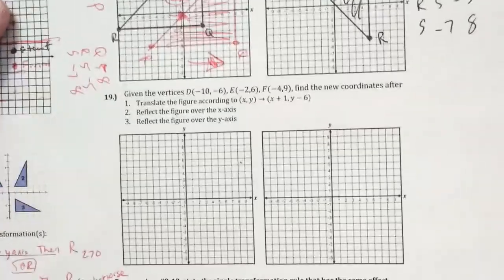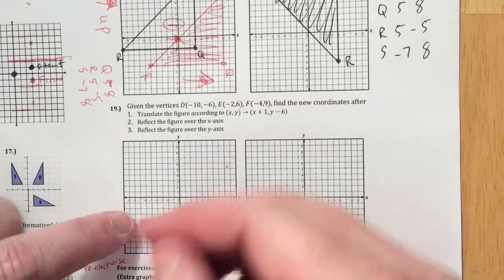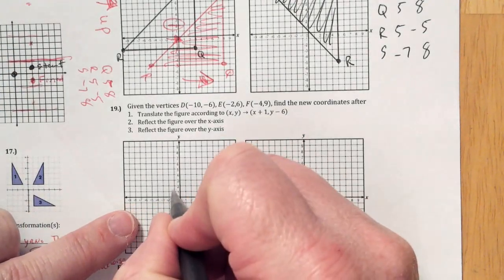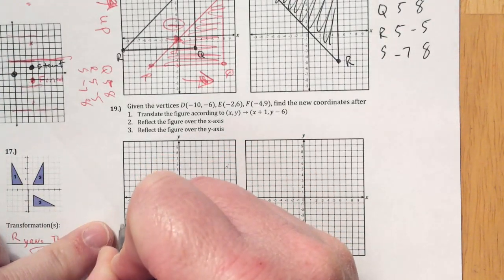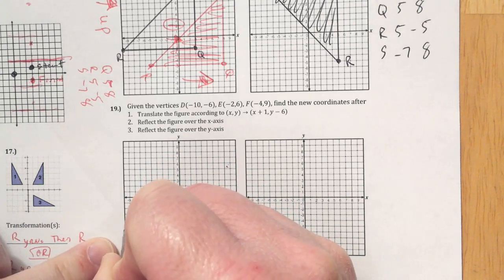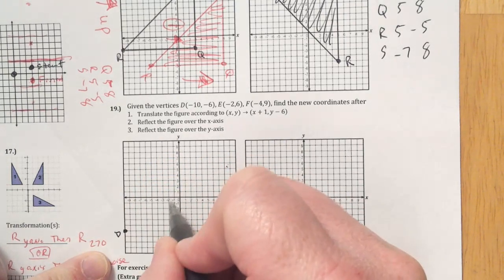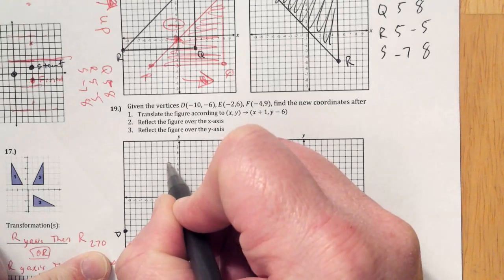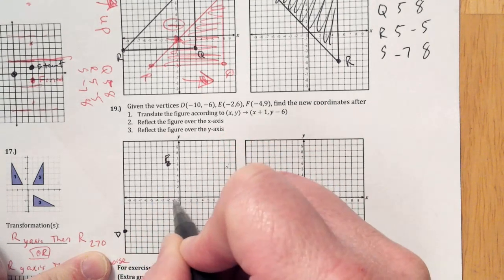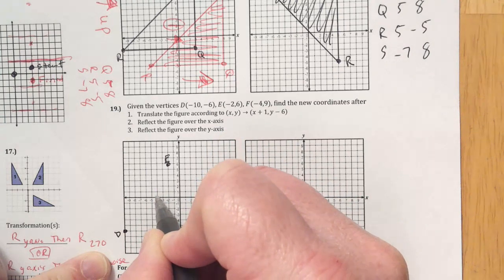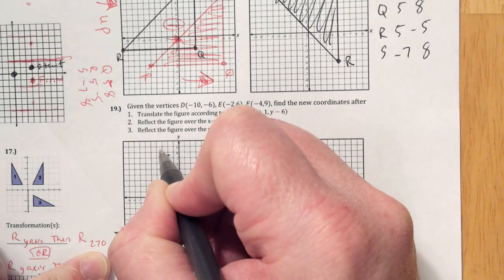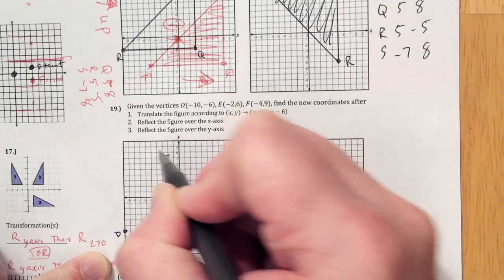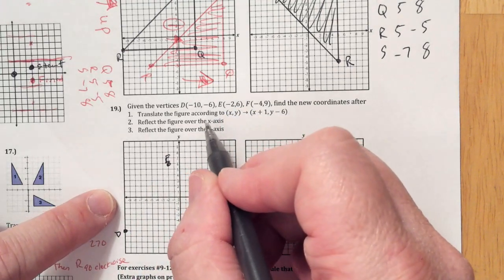Okay, number 19. Okay, let's plot the original coordinates. They said -10, -6. That's your D. They said -2, +6. That's your E. And that is -4, +9. Something's wrong. -6.